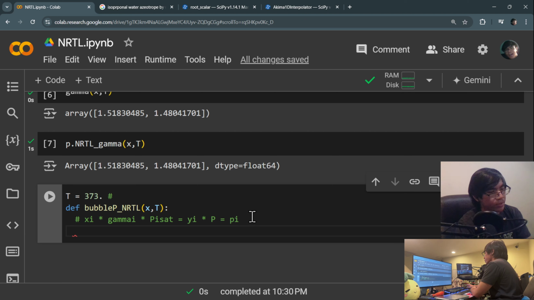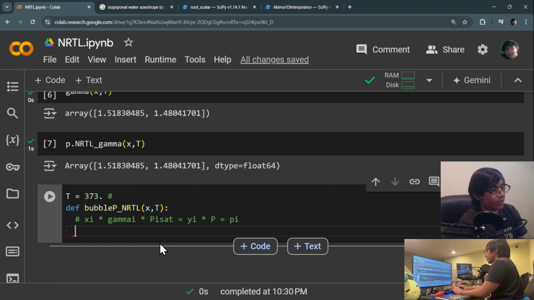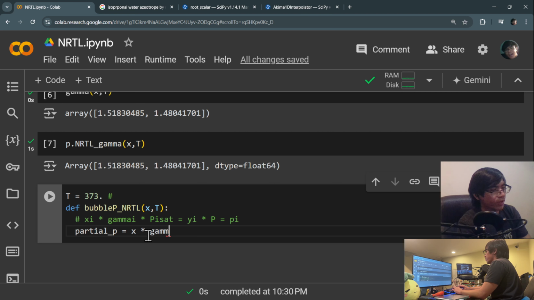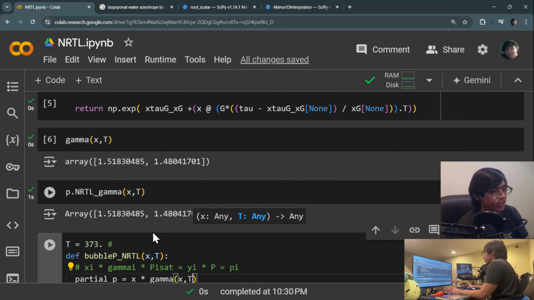So an easy way we can do that is we just solve for the partial pressures, and then we'll take a sum of those, and that'll be our pressure. So I'll go something like partial P is equal to, well, pretty much this. I'll go ahead and type it out. So X times our gamma function, and that takes, I believe, just liquid mole fraction and temperature.